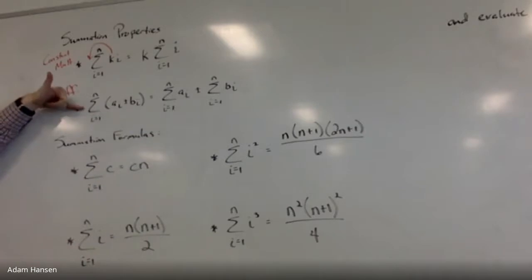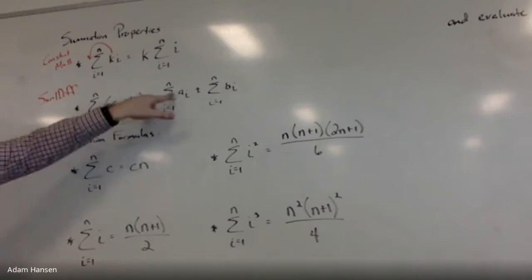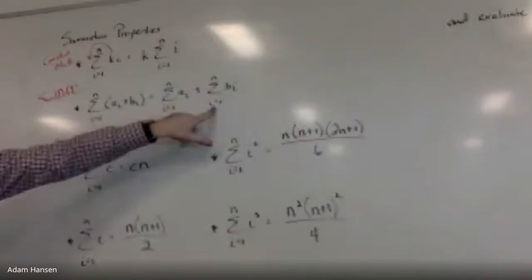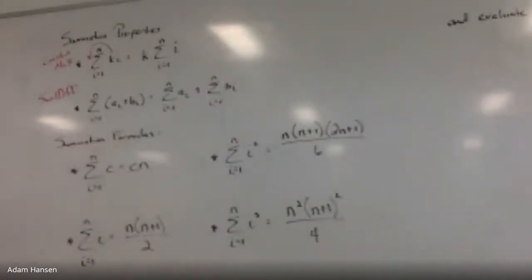The summation from i equals 1 to n of quantity a sub i plus or minus b sub i is the summation from i equals 1 to n of a sub i plus or minus a different summation for the next term, from i equals 1 to n of b sub i.